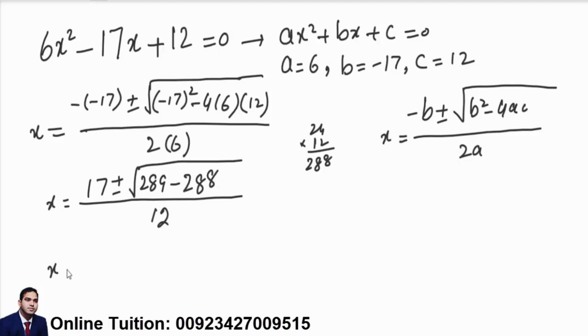Now x is equal to 17 plus minus square root of 289 negative 288, this is over 12.